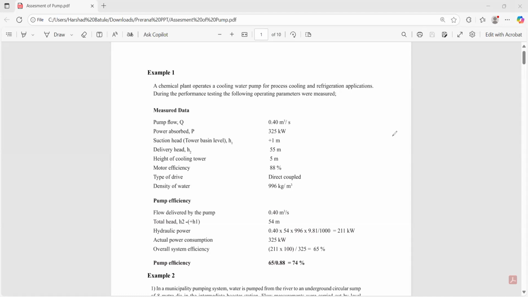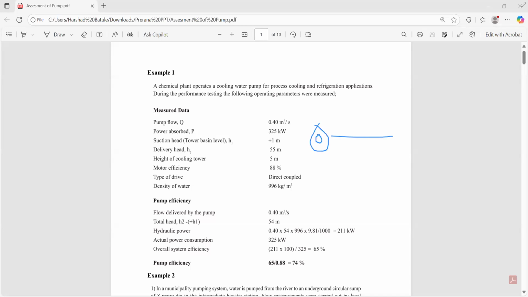So this is your pump, and this is your pump center line, the mid of the pump, the eye line of the pump. It is called the center line of the pump.